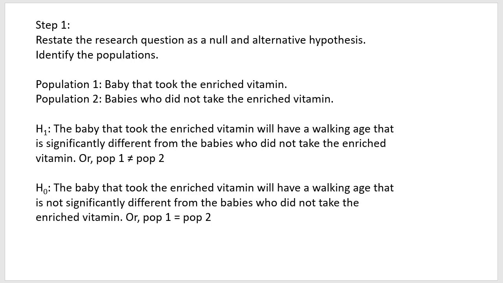Step 1. We need to restate the research question as a null and alternative hypothesis and identify the populations. Population 1 is the baby that took the enriched vitamin. Population 2 are the babies who did not take the enriched vitamin. Remember, this is a two-tailed test, so we need to use the symbols that coincide with the two-tailed test. That was back here.